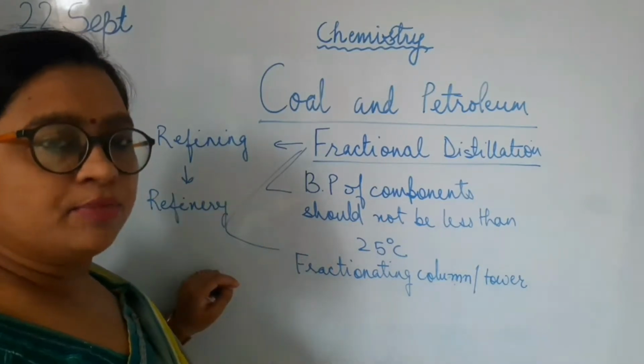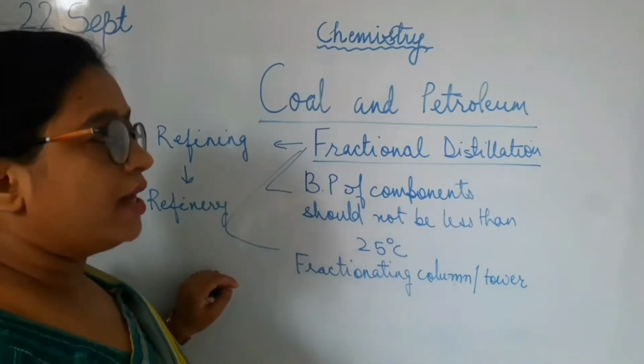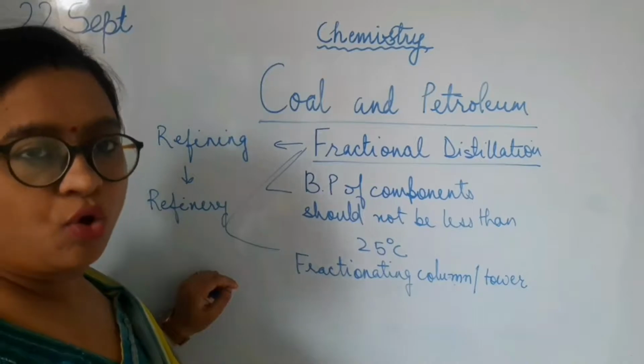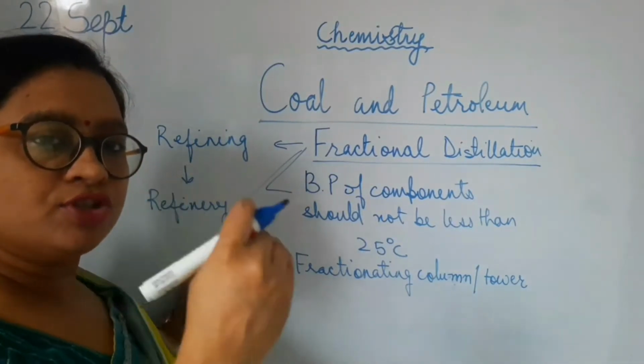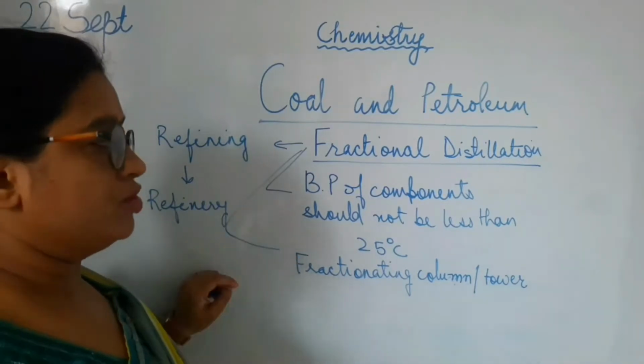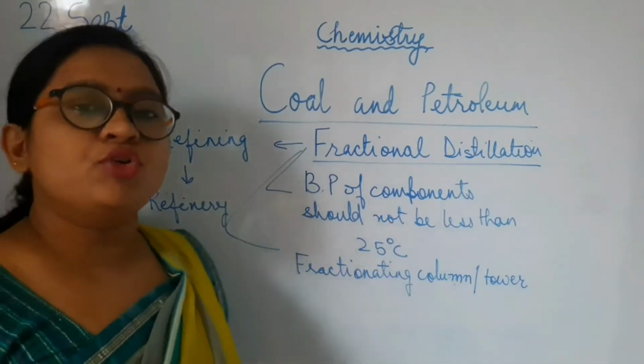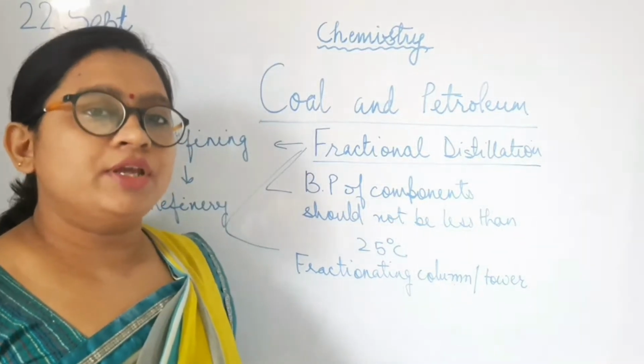So let's understand the process of fractional distillation, and I'm going to draw the fractionating column, or the fractionating tower, by which we can understand which component is separated at which temperature. Let's draw that. It is given in your textbook also, so that is a very important diagram. Let's see what the different components are and how they get separated in the fractionating tower.